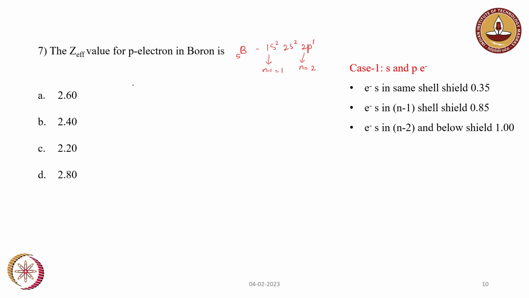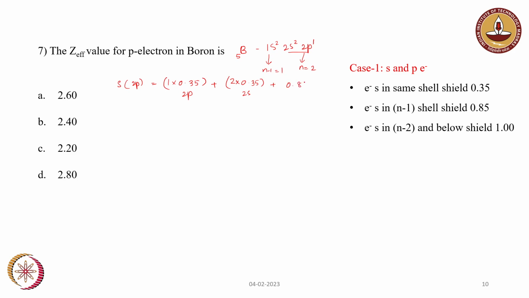So screening constant for 2p is given as there is 1 electron in 2p, so 1 into 0.35, plus there are 2 electrons in 2s, but it's in the same shell. So 2s and 2p are in the same shell, so it is 2 into 0.35, plus there are 2 electrons in 1s.